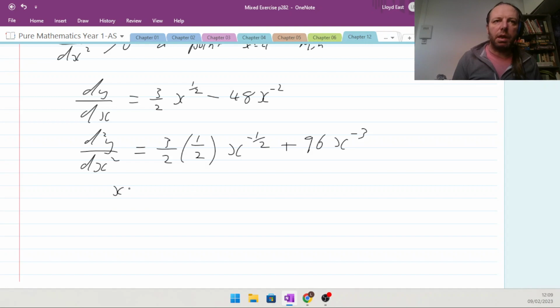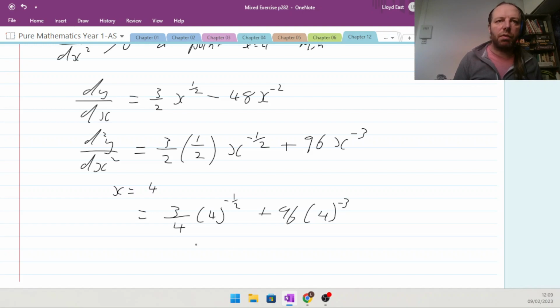Okay, now when x is equal to 4, this is going to be 3 over 4 times 4 to the power of minus a half plus 96 times 4 to the minus 3.